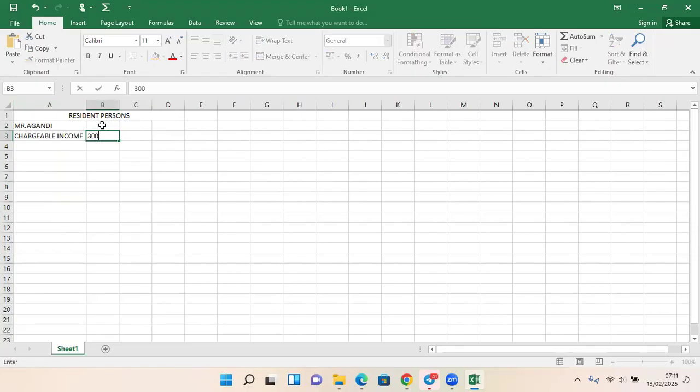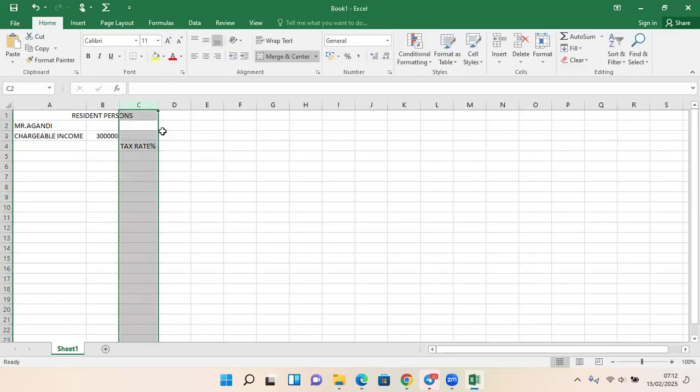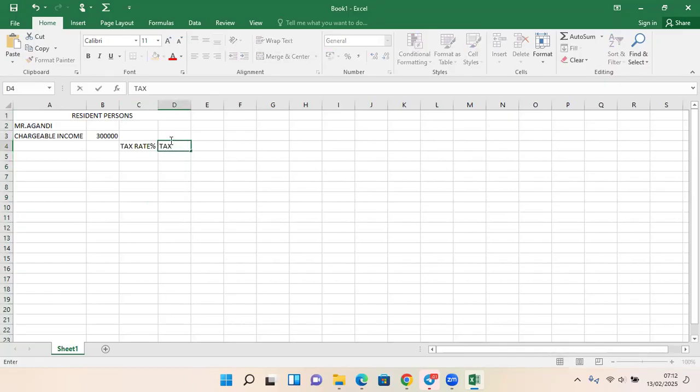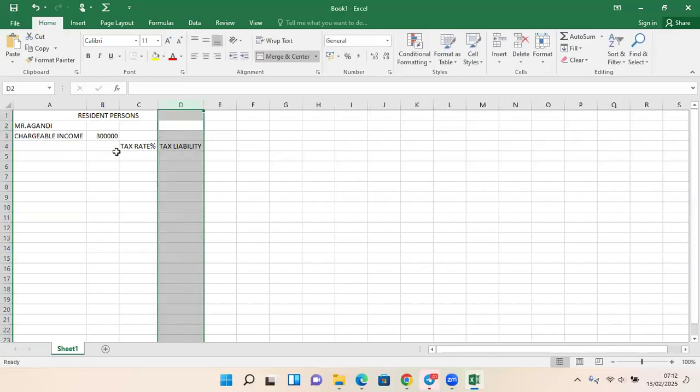For Mr. Agandi, the chargeable income is 300,000. I'll put the chargeable income here, I'll put the tax rate here in terms of percentage, and then the tax liability.